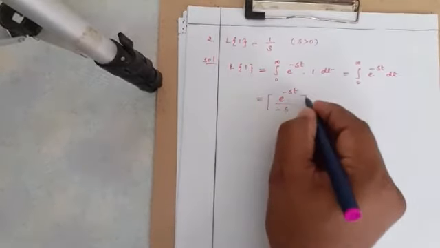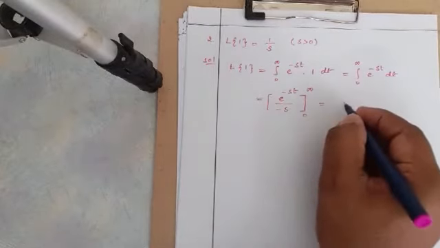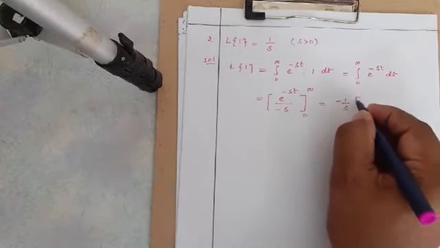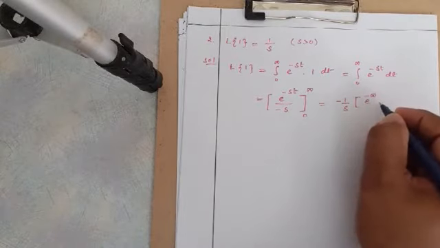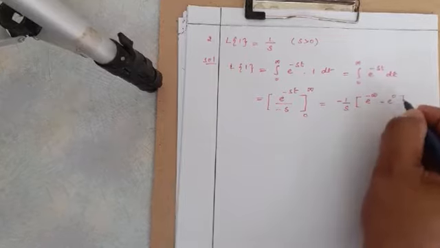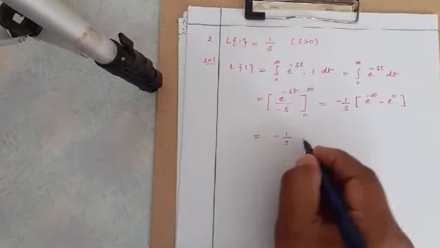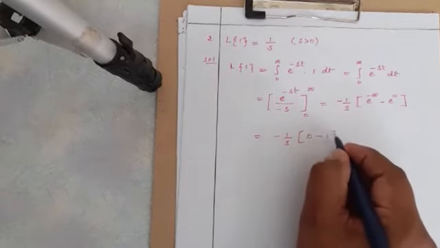Then when you apply the limits 0 to infinity, this is equal to minus 1 by s, I take outside, then in bracket, when you apply the limit, this becomes e power minus infinity minus e power 0. So this is equal to 1 by s in bracket, e power minus infinity is 0 minus e power 0 is 1.